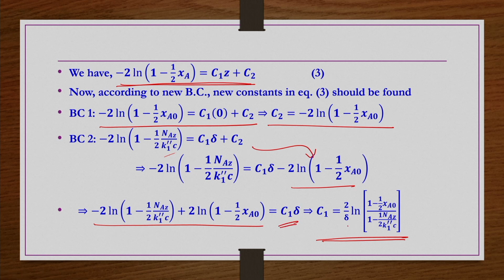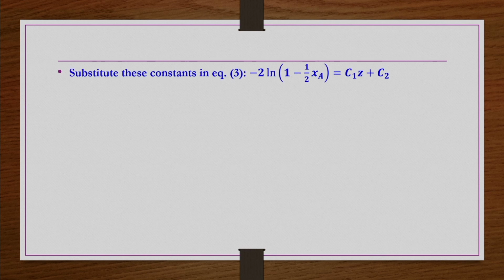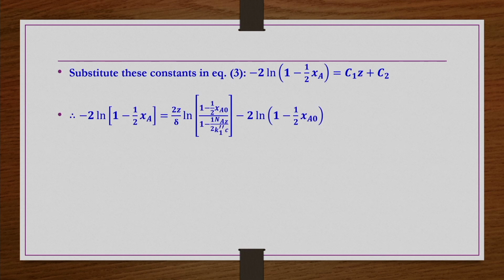So, that delta also if you take to the left hand side, you have 2 by delta ln of 1 minus 1 by 2 Xa naught divided by 1 minus 1 by 2 NaZ by K1 double prime C. So, this C1 and this C2 you got, if you substitute in equation number 3 you will get the concentration profile. Other than Z, the first term on the right hand side is C1, and the second term, minus 2 ln 1 minus 1 by 2 Xa naught, is nothing but C2.